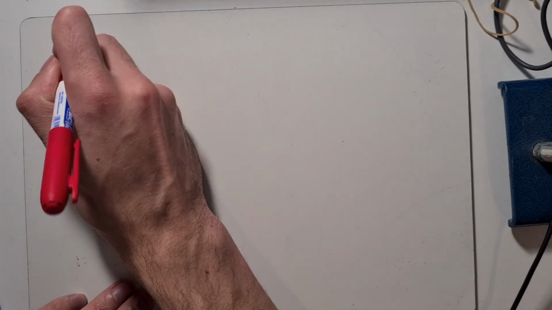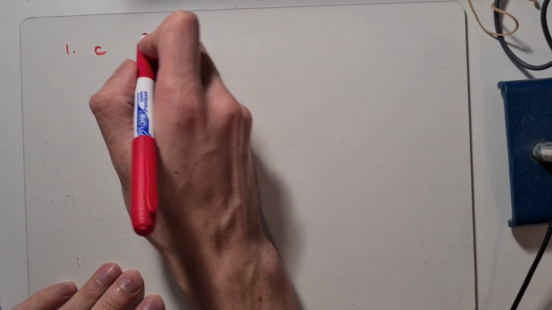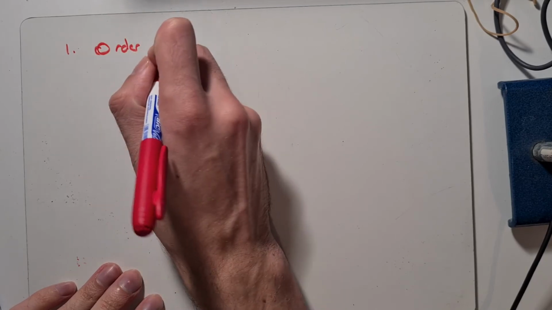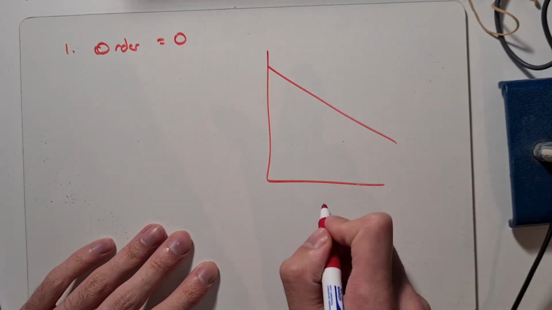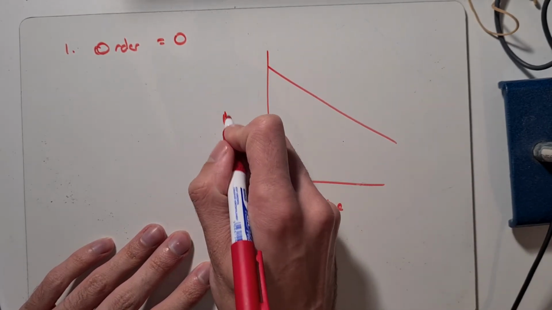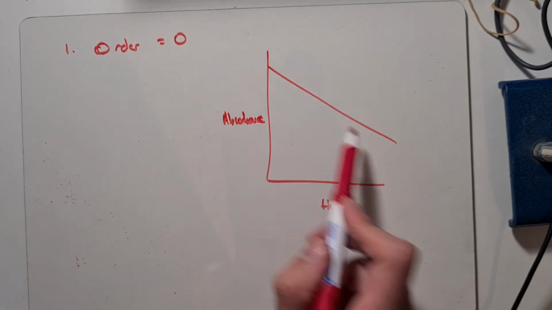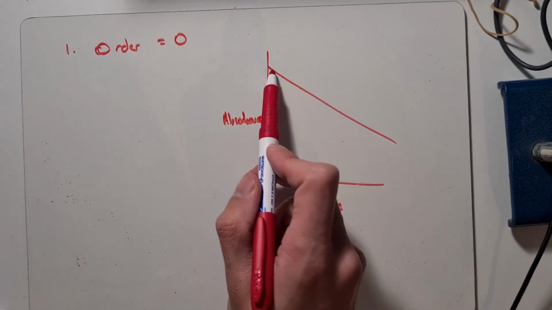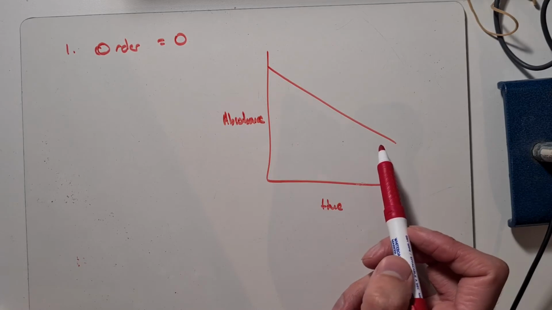Then the next part asks you what the order is and to explain your reasoning. Looking at the graph, if it's a straight line, then the order equals 0. If I just draw a quick one, time and absorbance, at no point, as concentration is decreasing, does it change the rate at which it decreases.